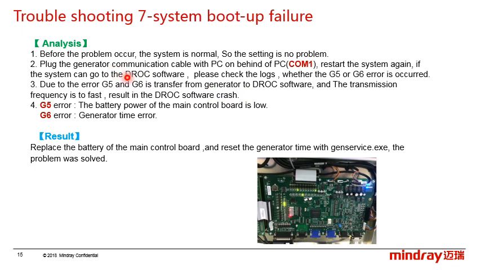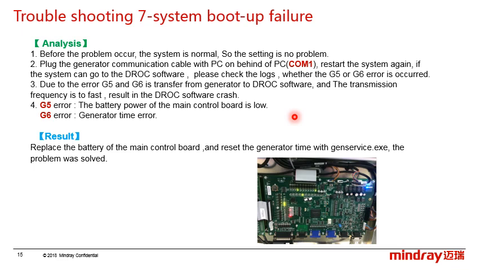From the customer, we know that the system was normal before the problem occurred, so the system setting is normal. And then we try to plug the generator communication cable into the PC. The cable connects to the COM1 and then restart the system.